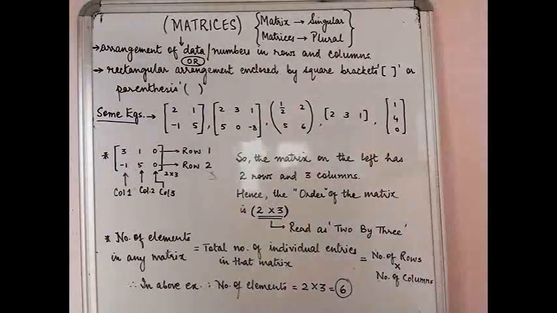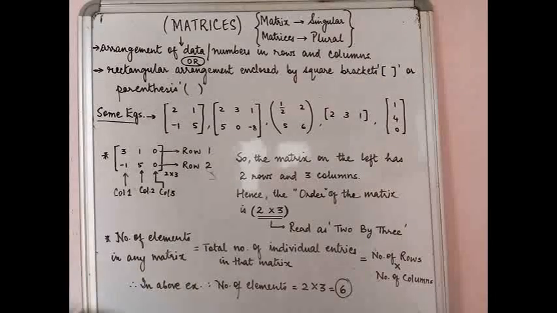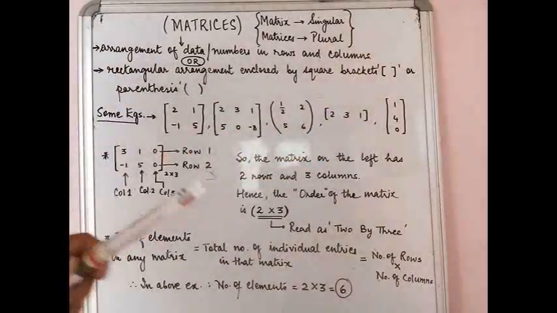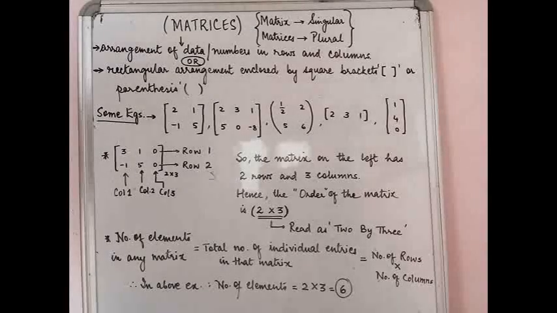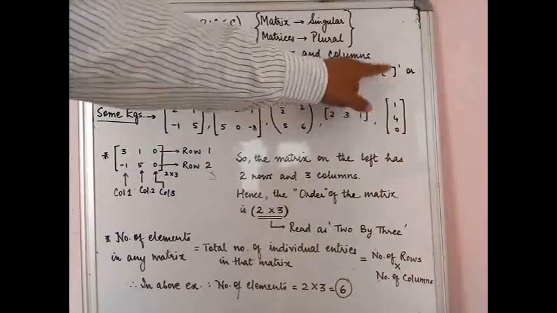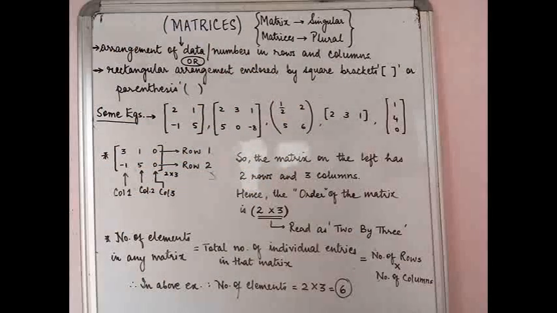Now have a look at this particular example over here, the second last example. Now can we call this a matrix? So what was the original idea of a matrix? A matrix is an arrangement of numbers in rows and columns enclosed by either this bracket or this. Now have a look whether this definition is fitting into this particular matrix.